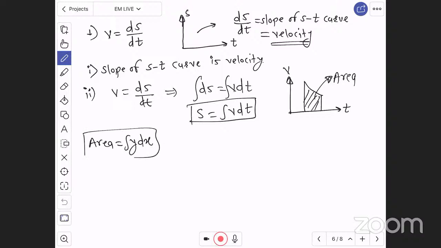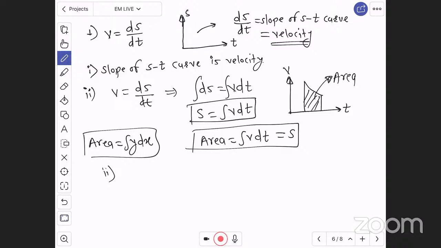Here, the y coordinate is velocity and the x coordinate is time, so area under curve is integration v dt, and integration v dt is nothing but displacement. Therefore, the second very important result is that area under velocity time curve is displacement. Right? Very important result.